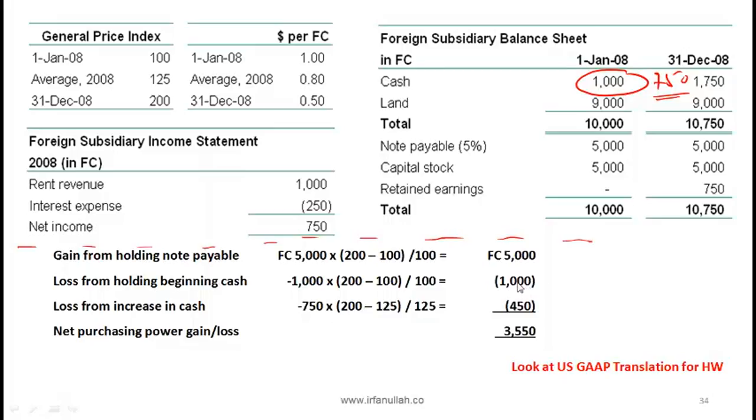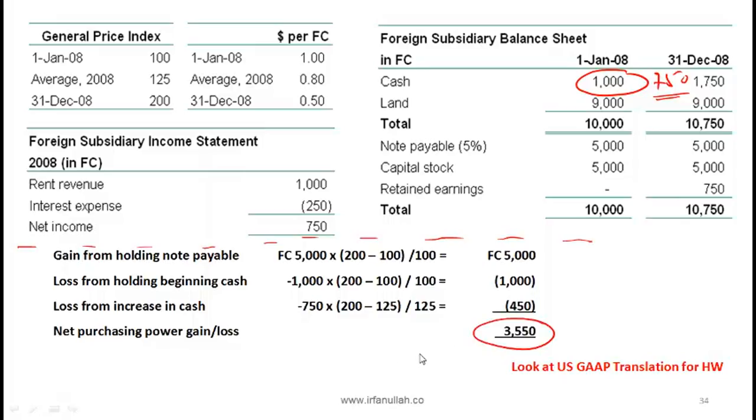Because the stuff that at the beginning of the year I could buy for 1,000, at the end of the year now costs 2,000. So effectively my loss in terms of buying power is 1,000. And the way you calculate the loss for the remaining 750, since it's 750 that you've received over the course of the year, there you simply do 200 minus the average price level divided by average price level. Don't get too hung up over this, just take this as a given. So there again, there will obviously be a loss. So the total net purchasing power gain is 3550.